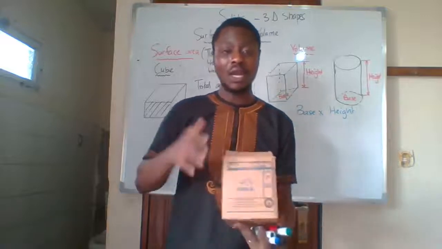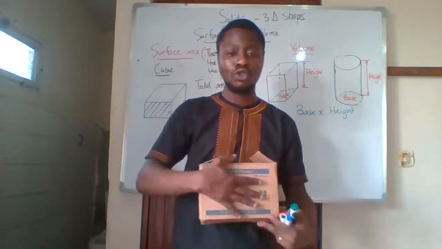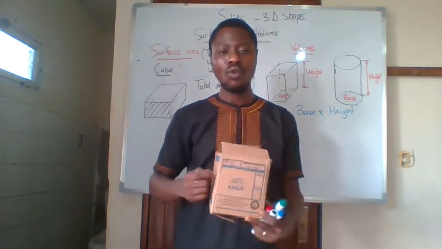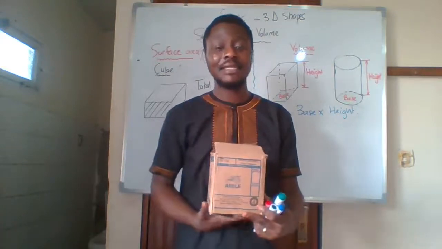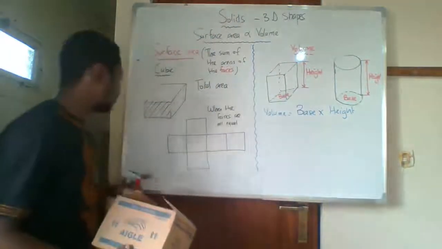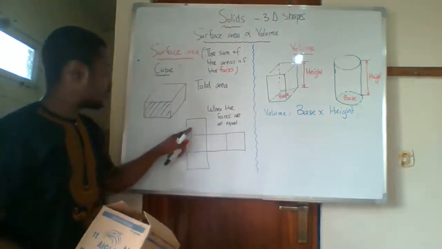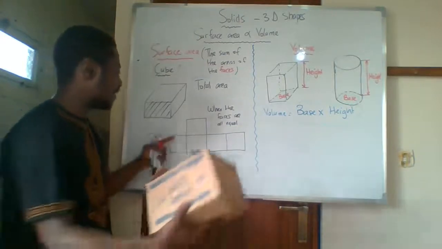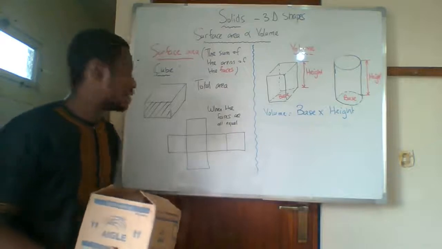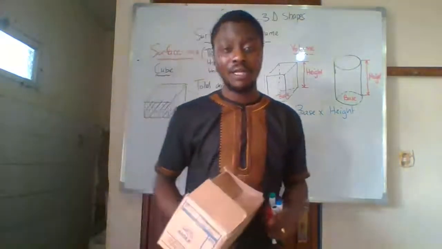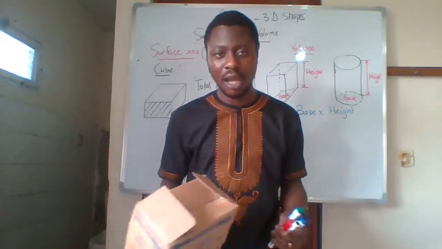And it has one face, two, three, four, five, and six. There are 6 faces. And if I open it, it's going to look pretty much like this. There's one face, 2, 3, 4, 5, 6. And each of these are the faces. And if I close it, it's going to make a box. This is how you separate the faces.